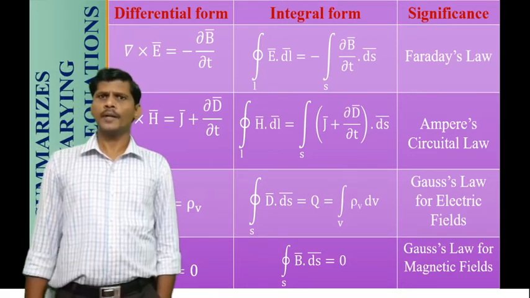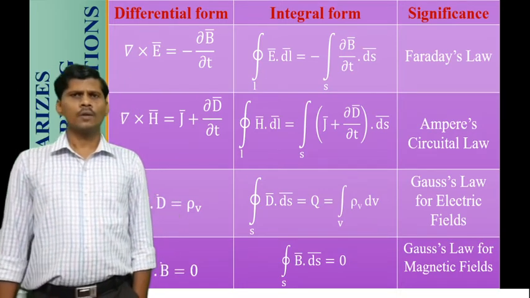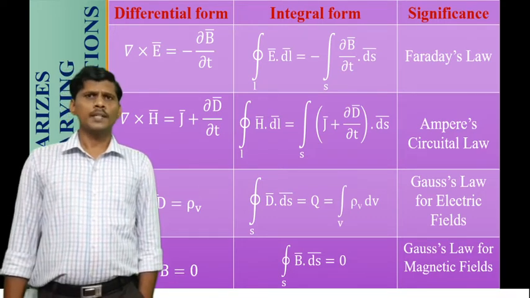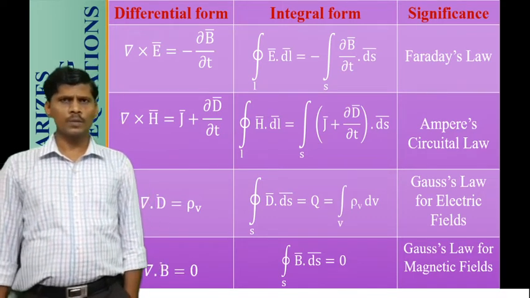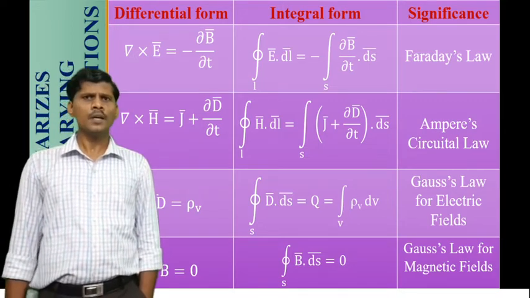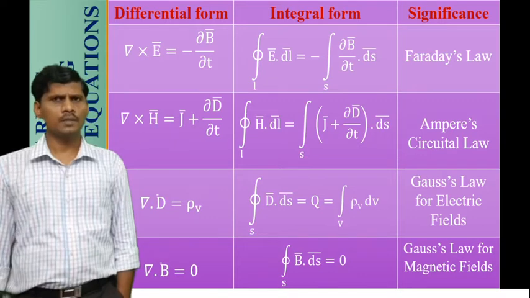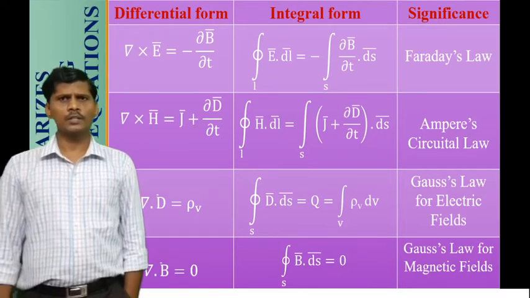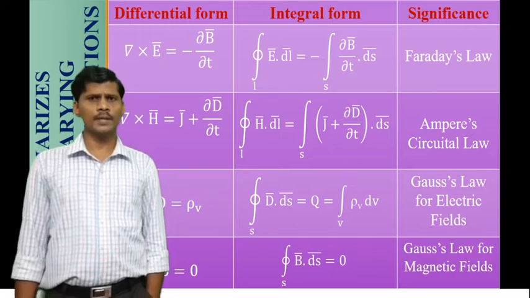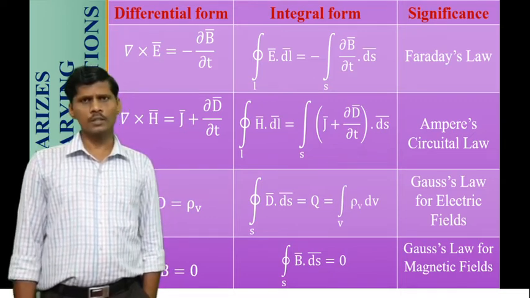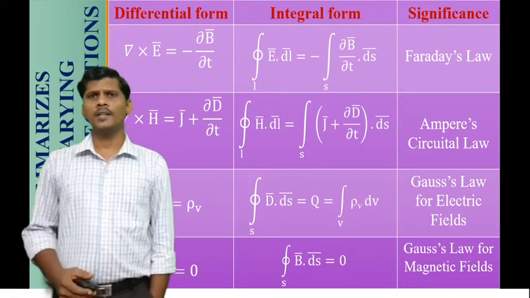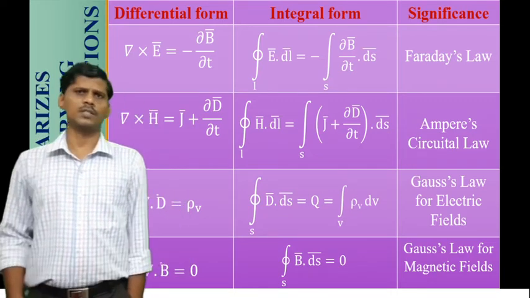Closed line integral of E bar dot dl bar is equal to minus open surface integral of dou B bar by dou t dot ds bar. And the differential form of Faraday's law: del cross E bar is equal to minus dou B bar by dou t.